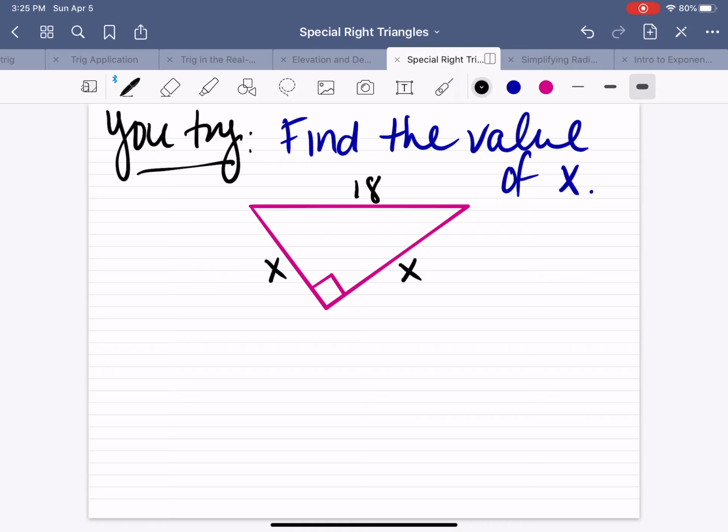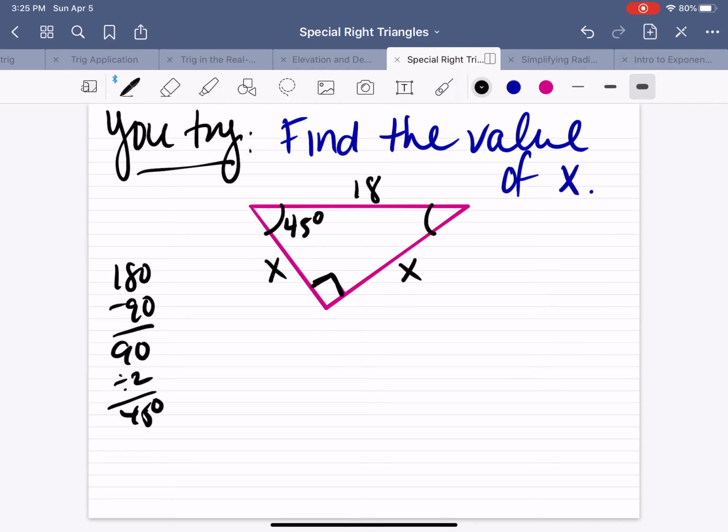So you have to identify what type of triangle you have. The only angle I see right here is a 90-degree angle. Remember, the degrees in a triangle add up to 180. So if you take 180, subtract 90, you get 90. These two angles should add up to give you 90. So of course, if you divide by 2, you get 45 for each.